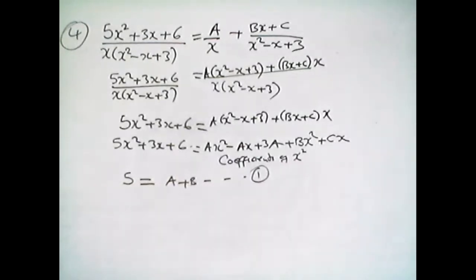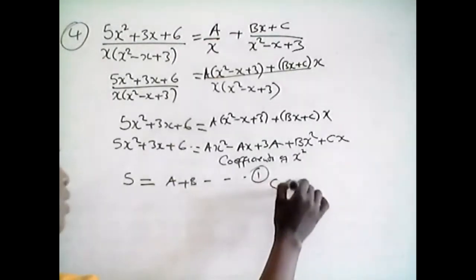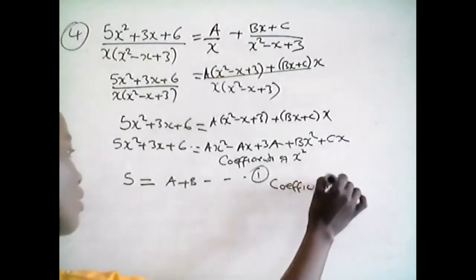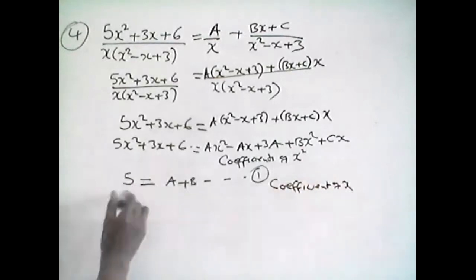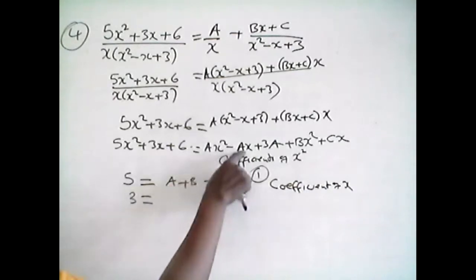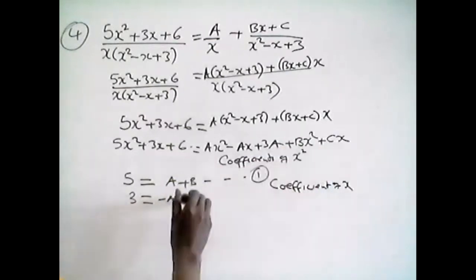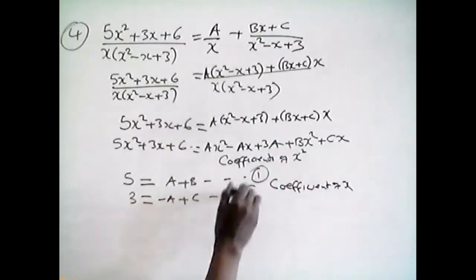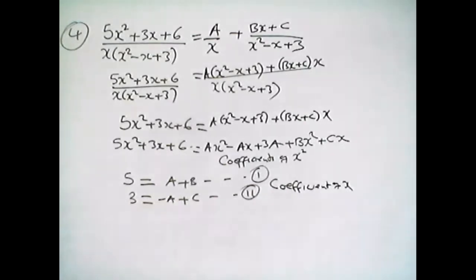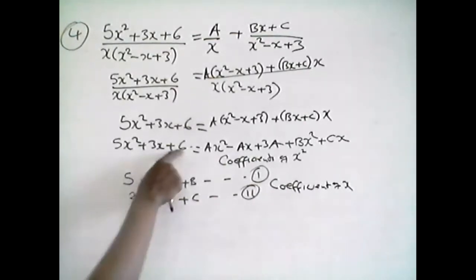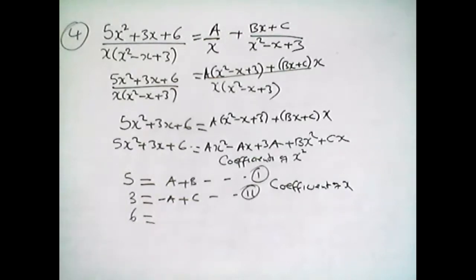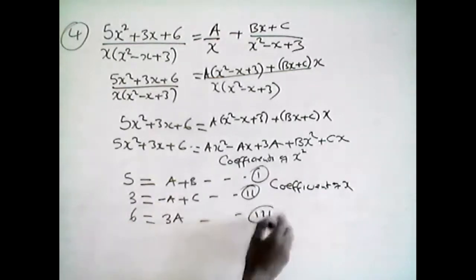Then we find the coefficient of just x. This side we have a 3 equals negative a plus c as our equation 2. Then the constant, we have 6 equals 3a. That's our equation number 3.